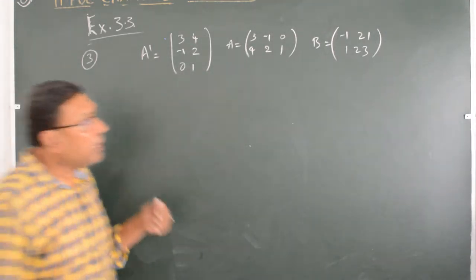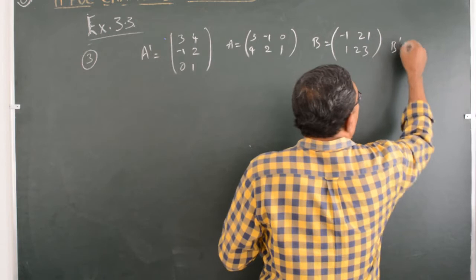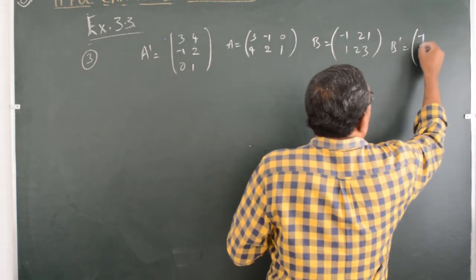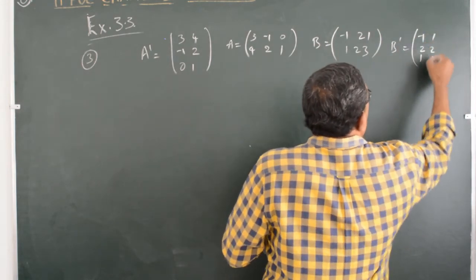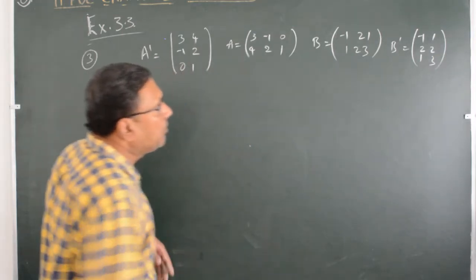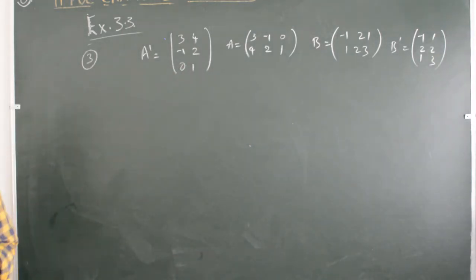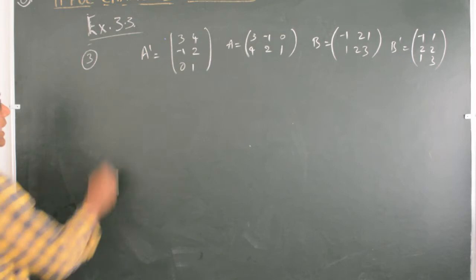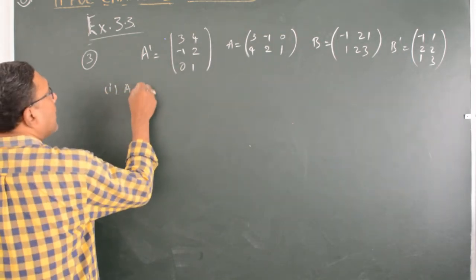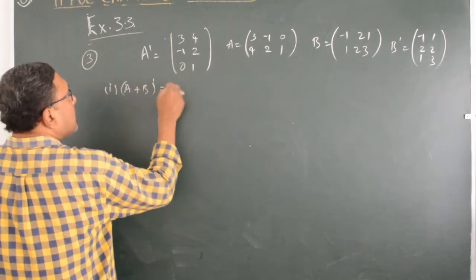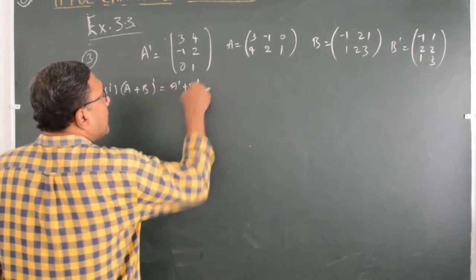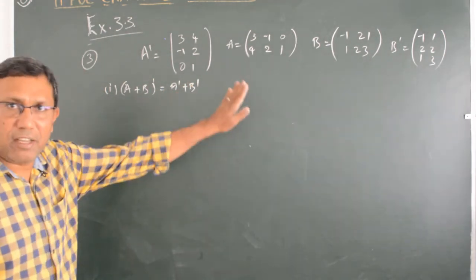Let me also write here B transpose. It is useful for my calculation: minus 1, 1, 2, 2, 1, 3. Now this is my B and B transpose and my first question is verify that A plus B, its transpose is equal to A transpose plus B transpose. I have got everything written on the board.